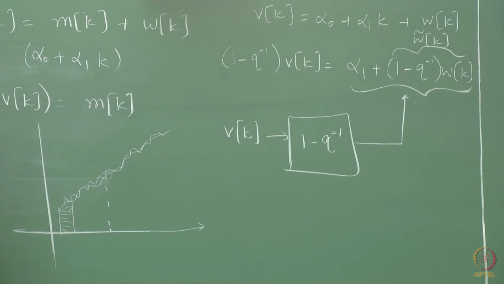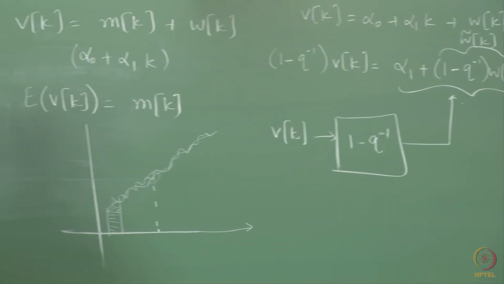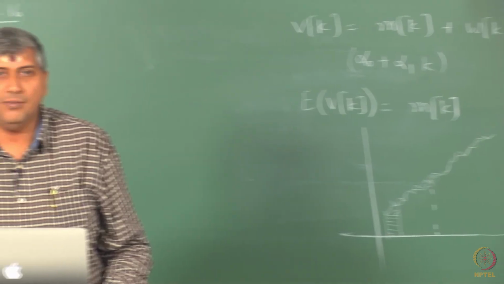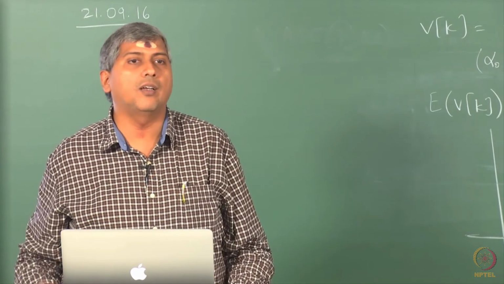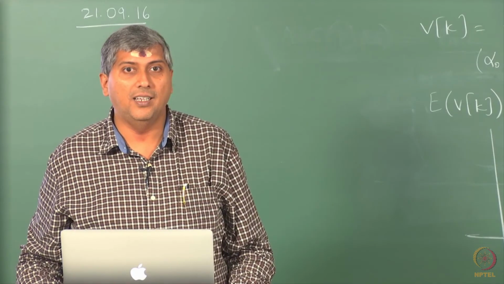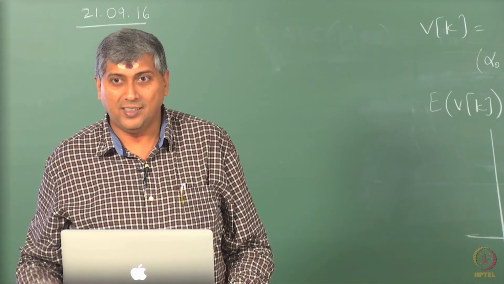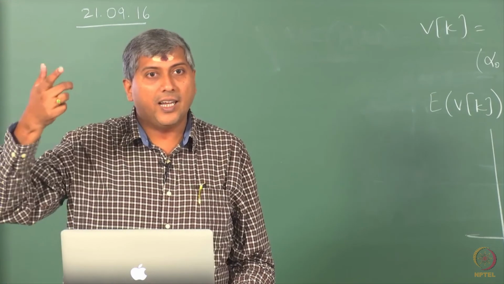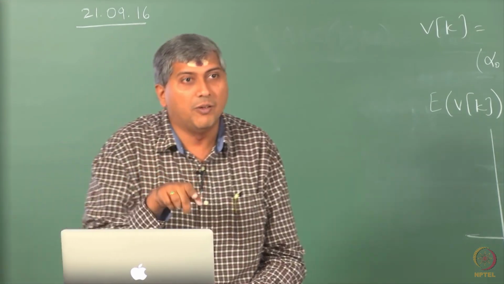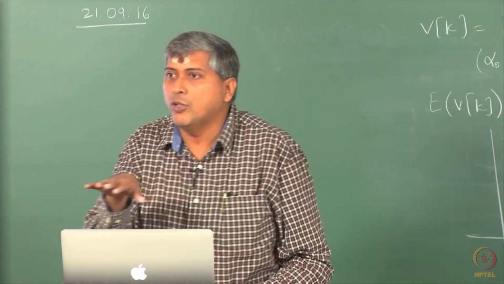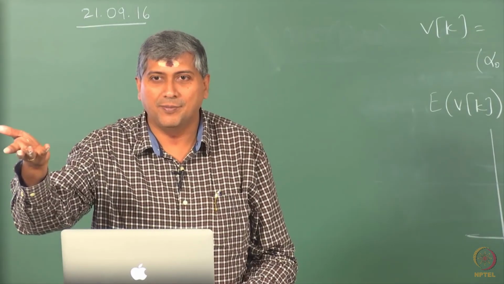We will show later on that this differencing operation is also a filtering operation. In fact, some of you must be familiar that this differencing operation is a high pass filtering operation. In the earlier case we said we will eliminate the high frequencies to estimate the trend, but our goal is reverse here. We do not want to estimate the trend, we want to get rid of the trend.